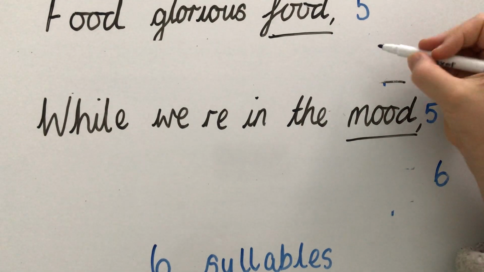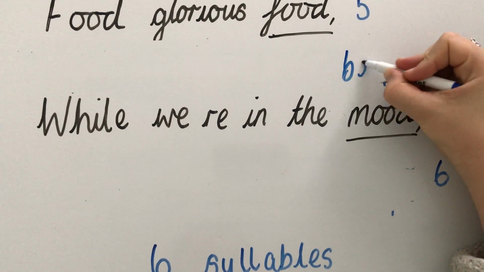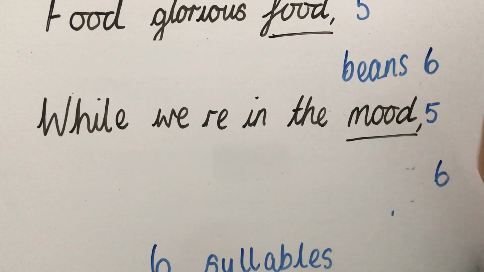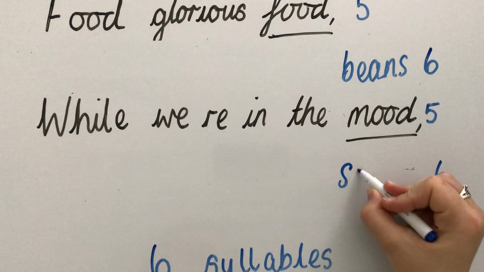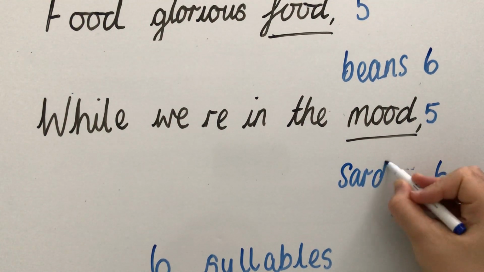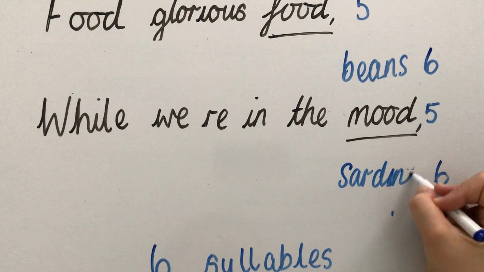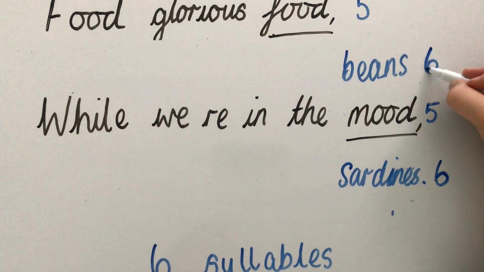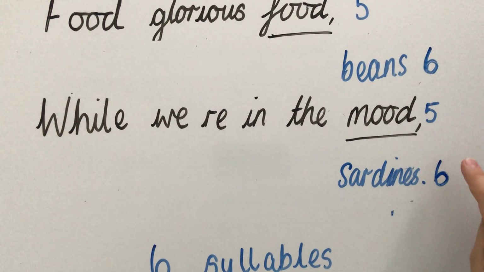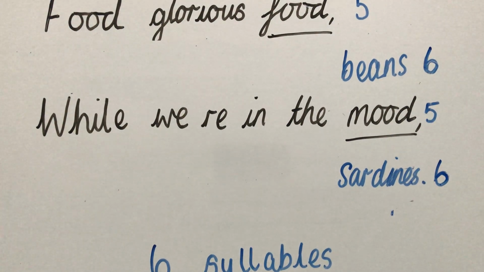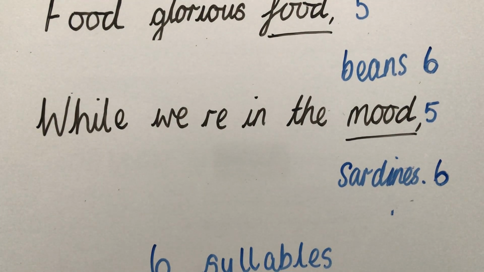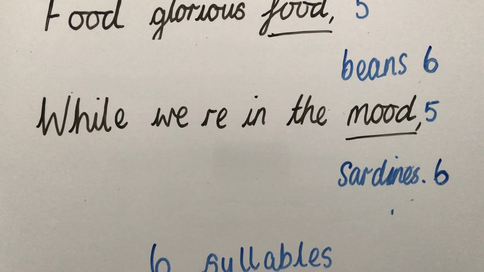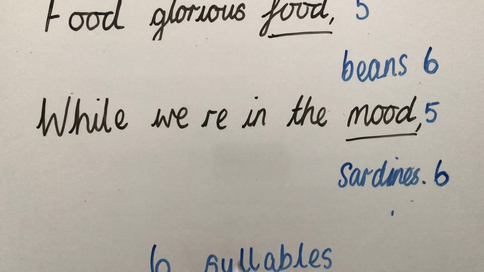So I'm going to have my beans up here and my sardines as my last word on here, okay? And remember, both of these lines need to have 6 syllables. So, have a little think and a little play around on a piece of scrap paper before writing this out in your learning journals, because that's what I've done.